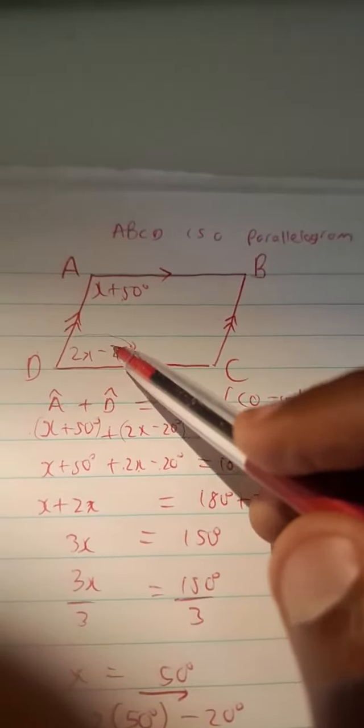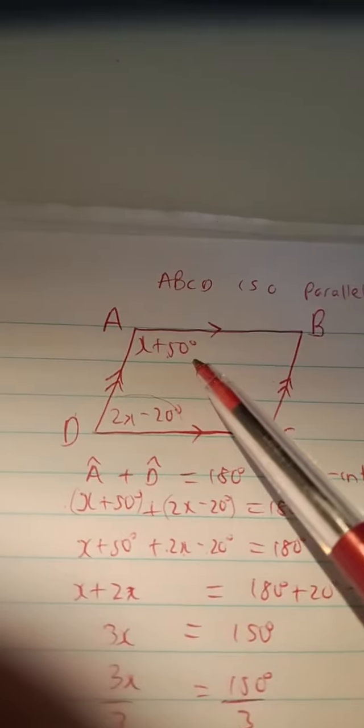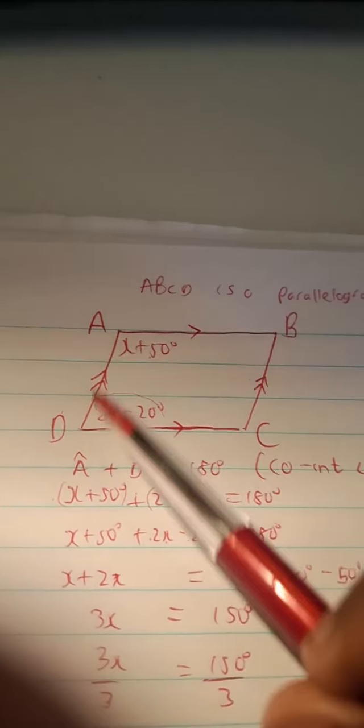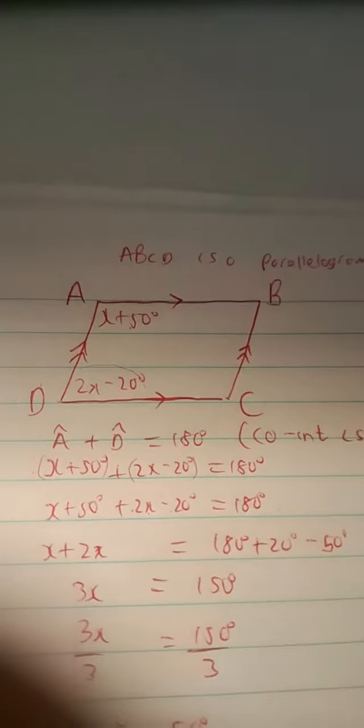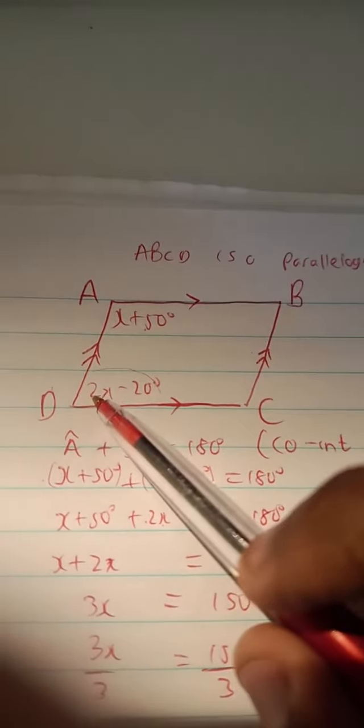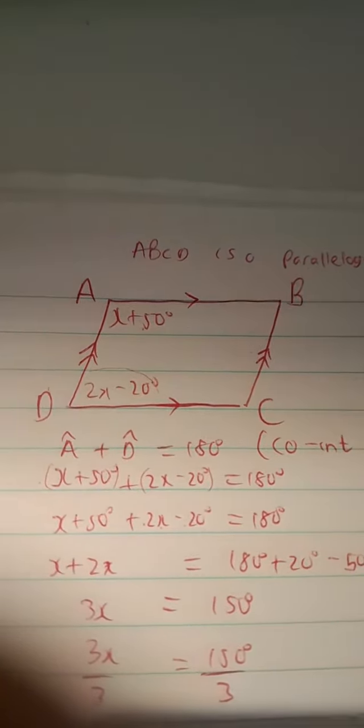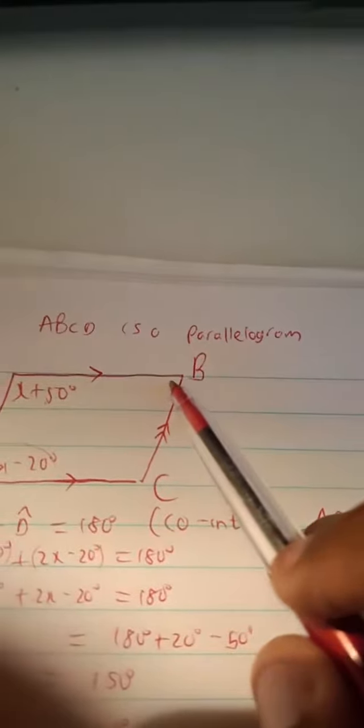So for instance, someone else who's looking at the question for the first time could be like, okay, sir, I see this is a parallelogram. Knowing the properties of a parallelogram, a person will then say, this angle D and this angle B, they are equal. So someone will say angle D is equal to angle B from the get-go, which is equal to 2x minus 20 degrees. So we get angle B in terms of x.